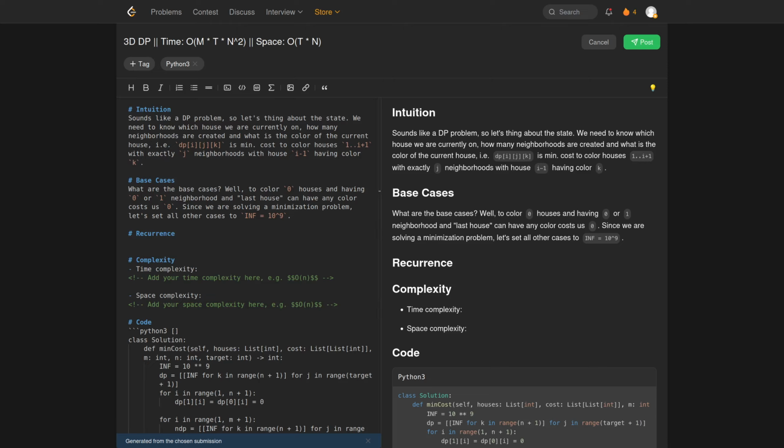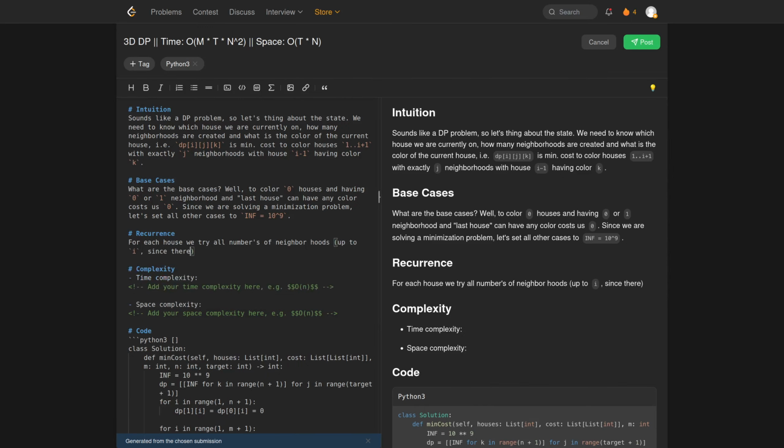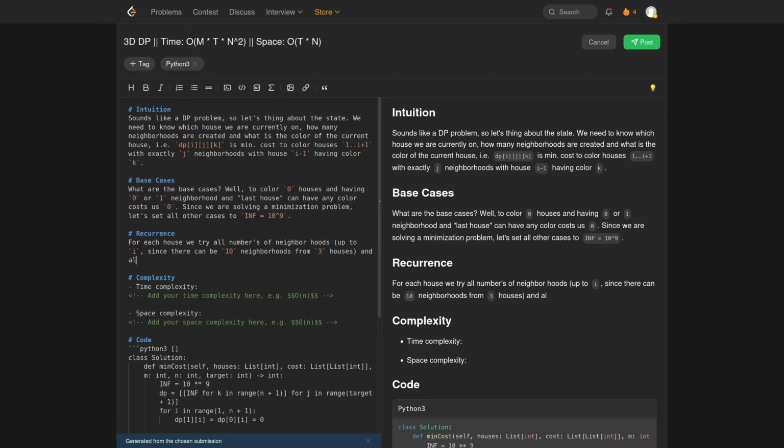So for each house and each number of neighborhoods, for each house we try all numbers of neighborhoods up to i, so there can be up to n neighborhoods from n houses, and colors of last house.